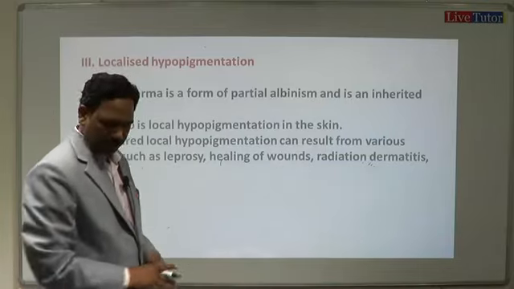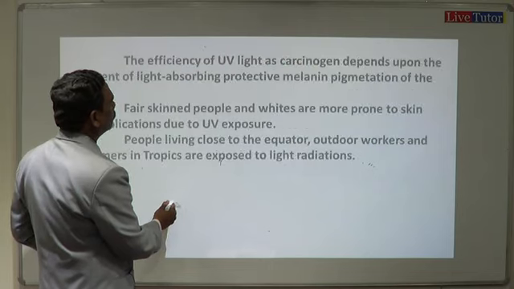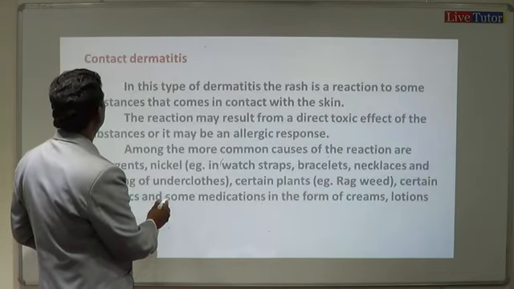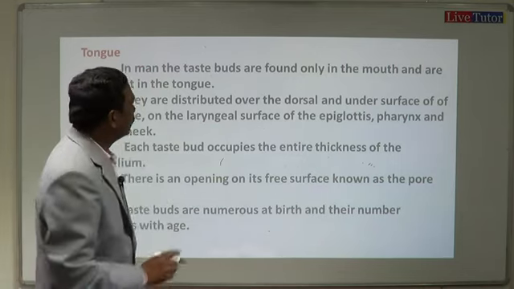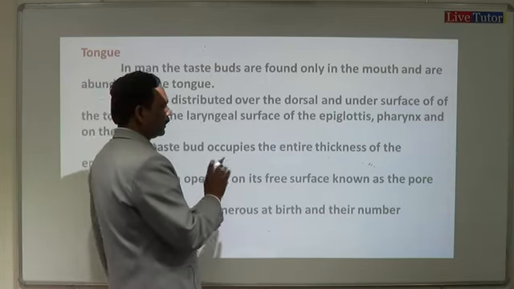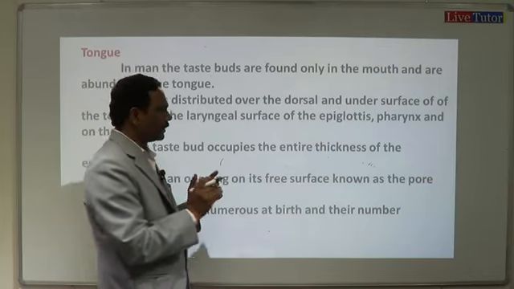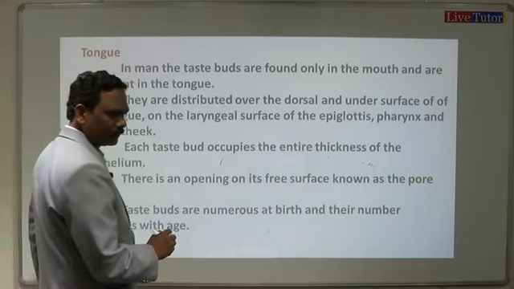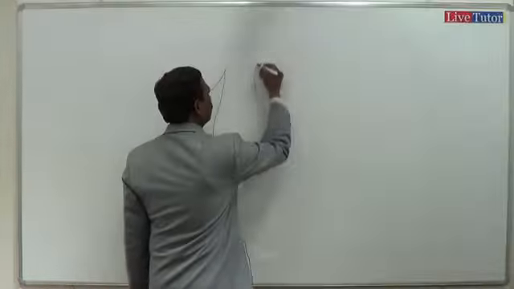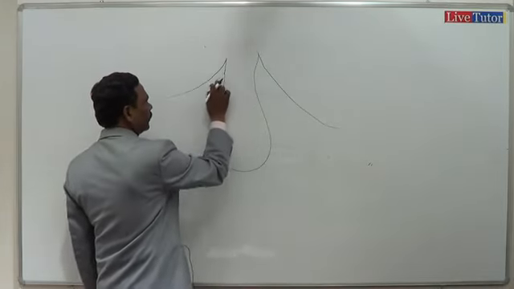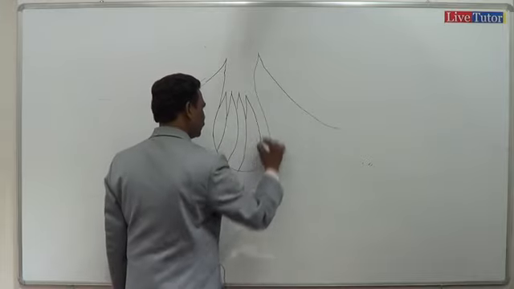Then the mechanism of taste. Now, the taste bud consists of a small cavity, a depression, and this depression is open to the exterior. Here, in this taste bud, are the sensory hair cells.